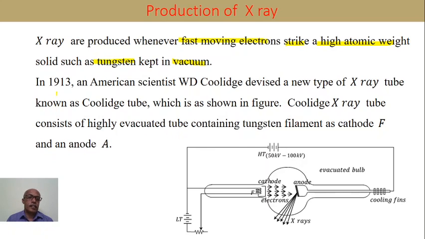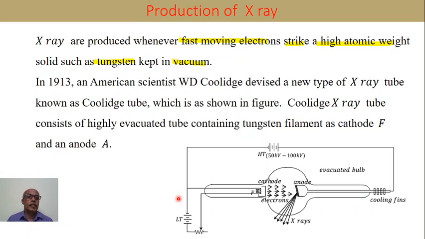In the year 1913, an American scientist, W.D. Coolidge, designed a new type of X-ray tube, which is also known as the Coolidge tube. As shown in this figure, this entire tube is called the Coolidge tube.